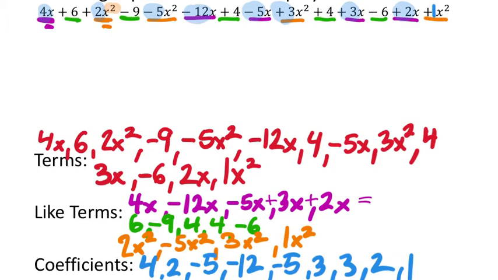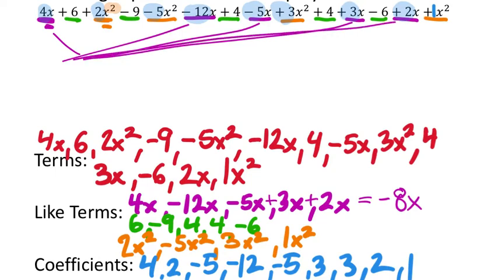I can put that in the calculator. Just 4 minus 12 minus 5 plus 3 plus 2. Enter, and I get negative 8. So this ends up being negative 8x's. And I'm going to list it up here, because if I combined all my x terms like this, not that that's so pretty, but it's a negative 8x right there, okay?